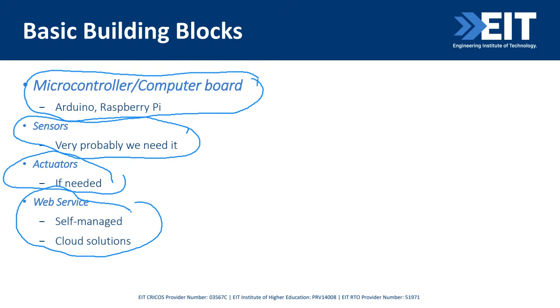Now, web services you can self-manage. It's relatively easy, depending on the experience that you have, to get a server that is running Windows or Linux and build a web service there. It will cost you probably starting from 30 US dollars per month, something like this.